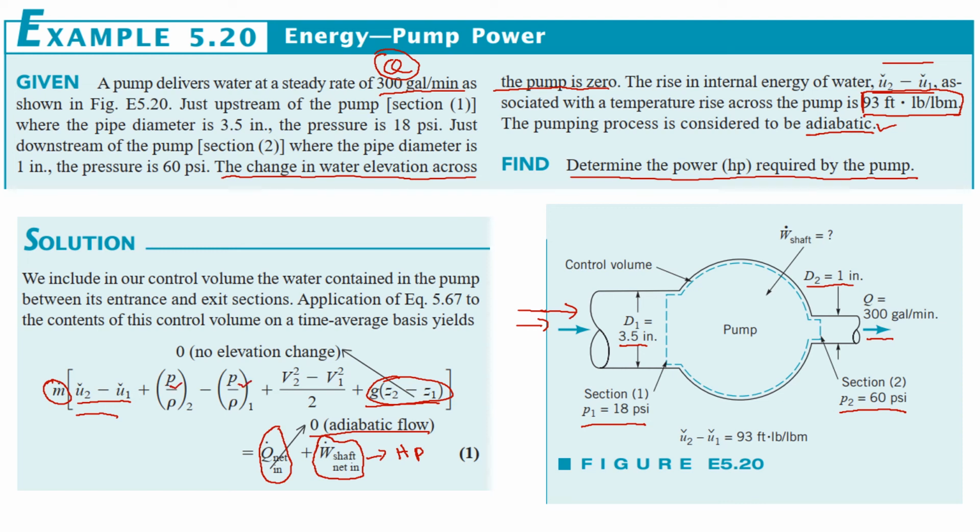We don't know these two velocities, V2 and V1. We can find them with the help of our conservation principle: if we consider that m dot 1 is equal to m dot 2 is equal to m dot, we will be able to find these two velocities, and this term is also equated to 0. So we will find these unknowns, convert them into their proper units, and then put them in this equation to solve for horsepower. So let's do this.